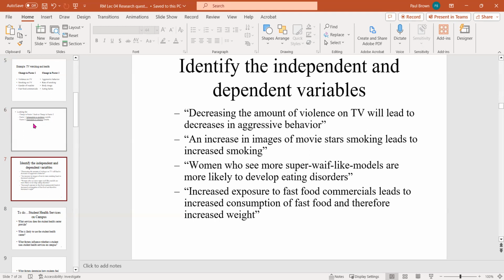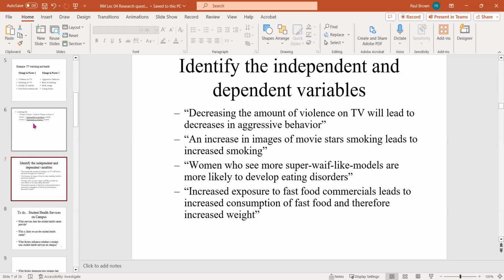So fast food commercials lead to more consumption, which leads to more weight gain, right?